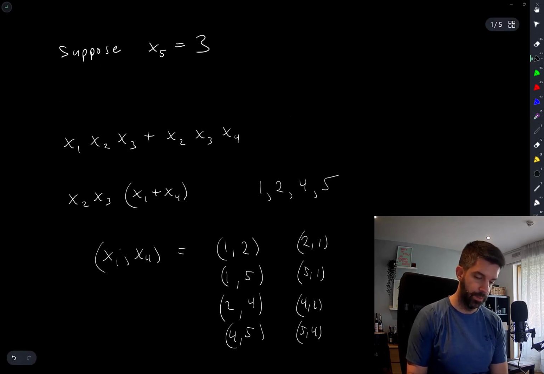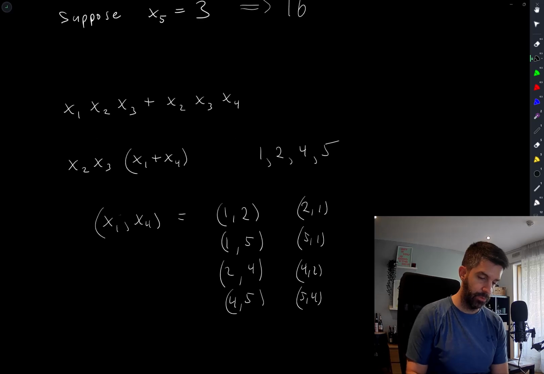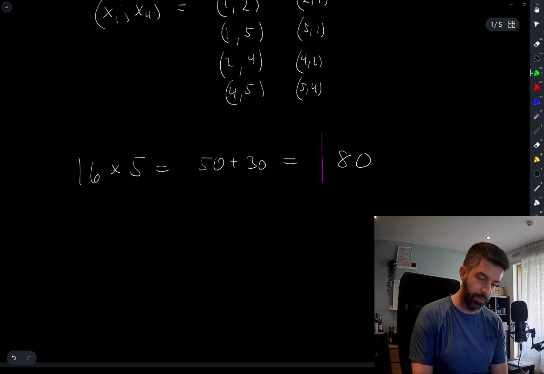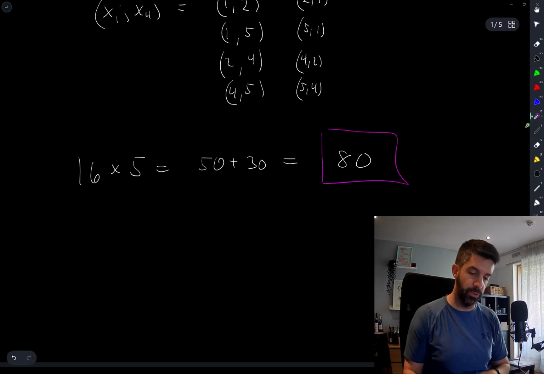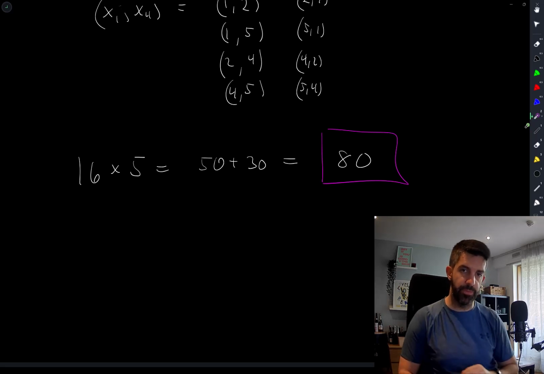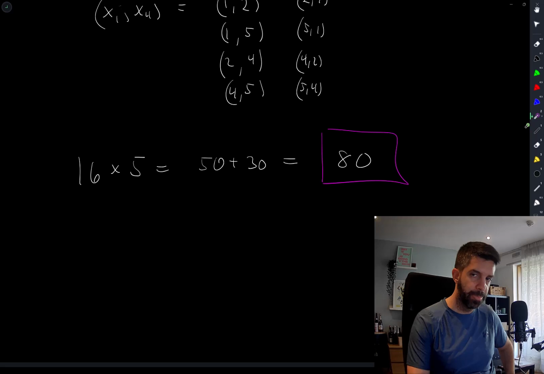So suppose x5 is equal to 3. How many ways are there? 16. So I have to do 16 times 5, 50 plus 30, which is 80. So this is going to be my answer. There's 80 ways of doing it. 80 permutations of these numbers such that this product is divisible by 3.